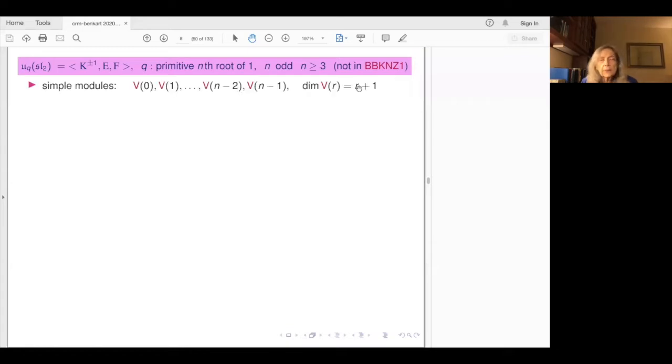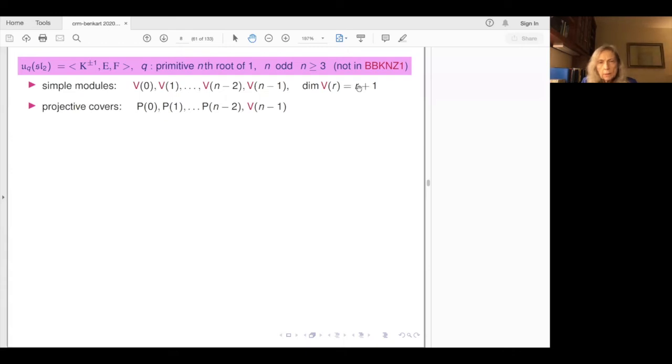So here are the simple modules. They look very much like the simple modules that you know for quantum groups not at roots of unity, simple modules for SL2. But the main difference here is that it stops. There are only n of them. And these are the projective covers.